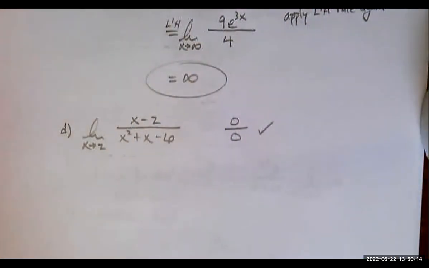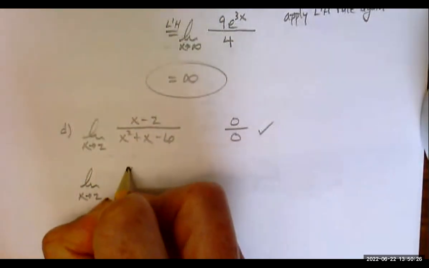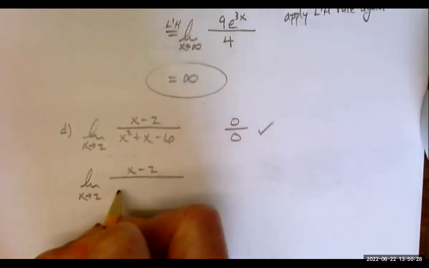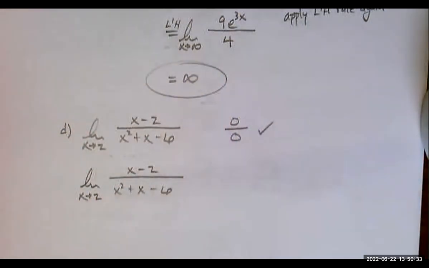You know what? This question looks a lot like the sort of limits that we did back in chapter 2. But okay, let's kind of see what happens here. We got an indeterminate. Let's apply the rule. Okay.